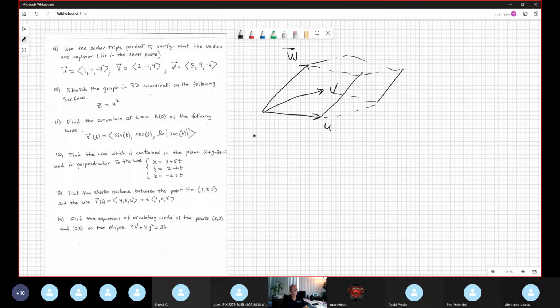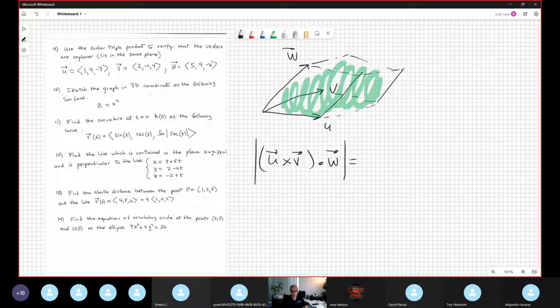And the volume of this parallelepiped we can compute in many ways using the triple product. For example, you select U cross V, and after that dot W, and you get the volume. It is a number, right? And the absolute value of this gives you the volume of this figure.